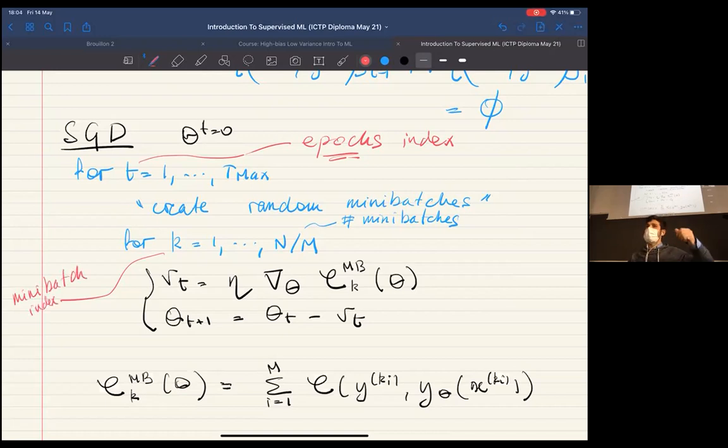Okay, so at first epoch, you create a random, you create m random mini batches.